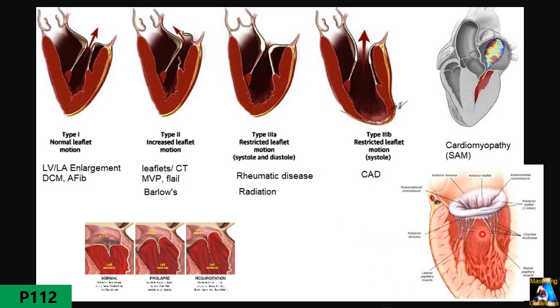In functional MR, there is no serious or obvious pathology on the mitral valve leaflet, but there is some problem in the other components: chordae tendineae, papillary muscle, or myocardium.